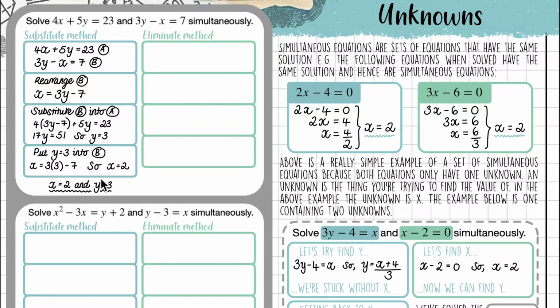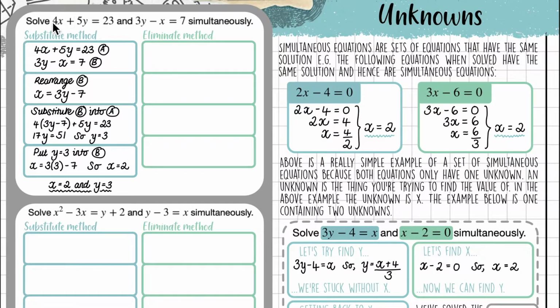Again, I always like to check my answers. So if I take these two solutions here and plug them into these two equations here, I should find that everything makes sense. So if x is 2, this term here becomes 8. And if y is 3, this term here is 15. 8 plus 15 is 23.